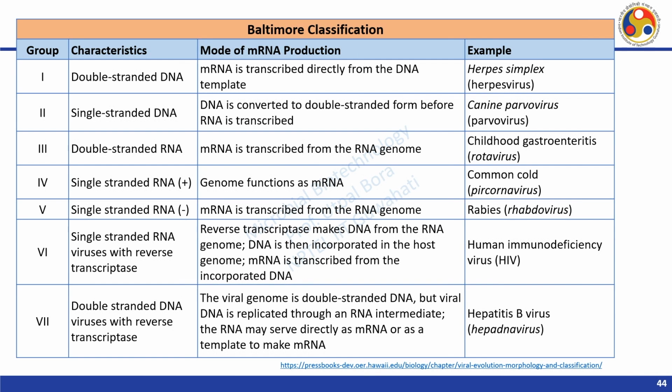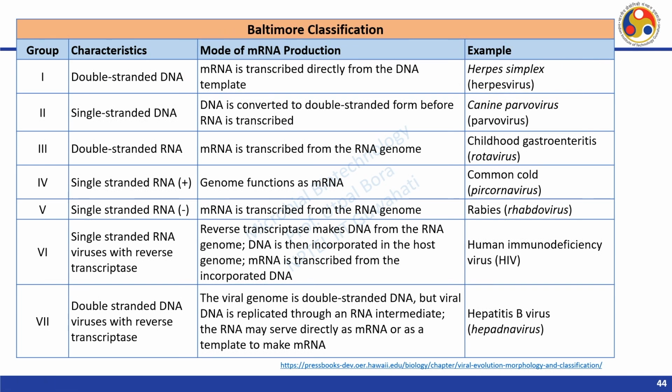So, we have seen the 7 groups based on the nucleic acid they include, or the strandedness, and the intermediaries in their life cycle, RNA or DNA in between. And if you look into the mode of mRNA production from 1 to 7, in the first case mRNA is transcribed directly from the DNA, for example in herpes simplex virus.